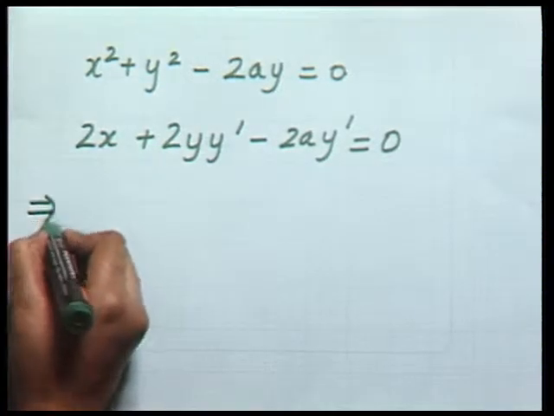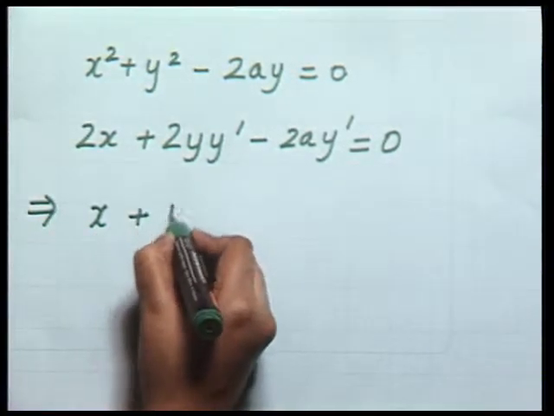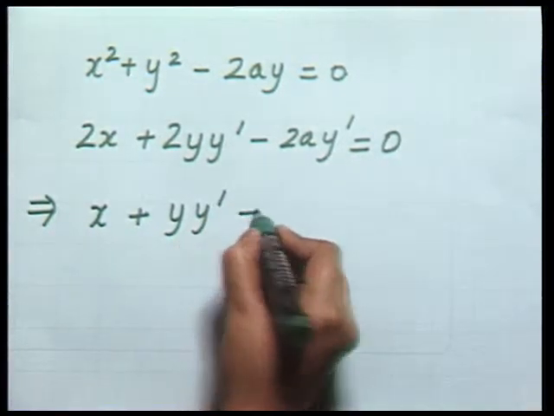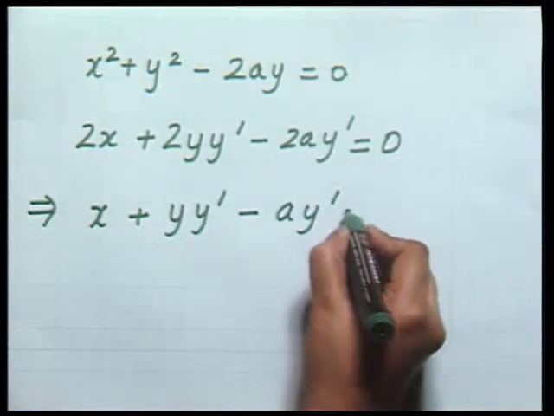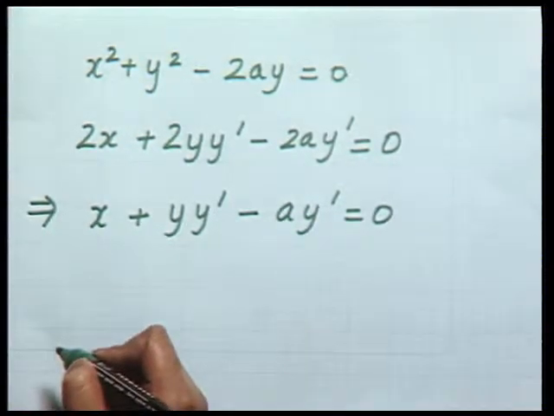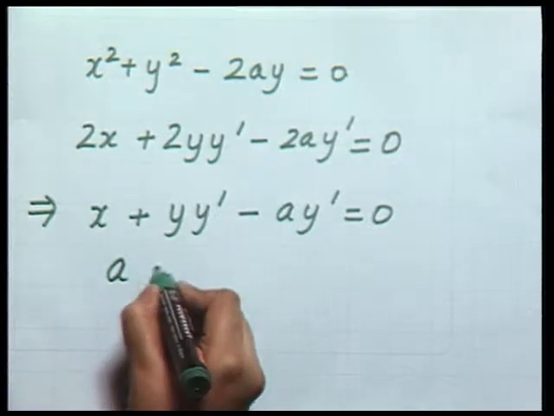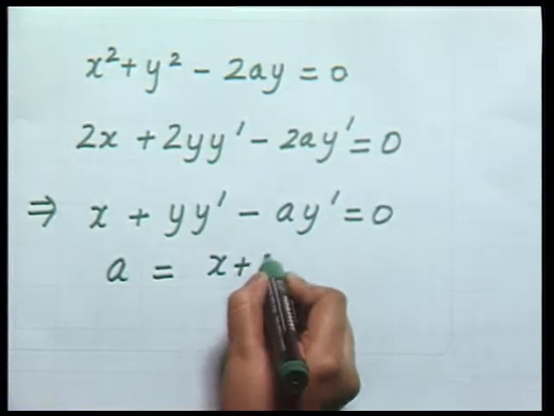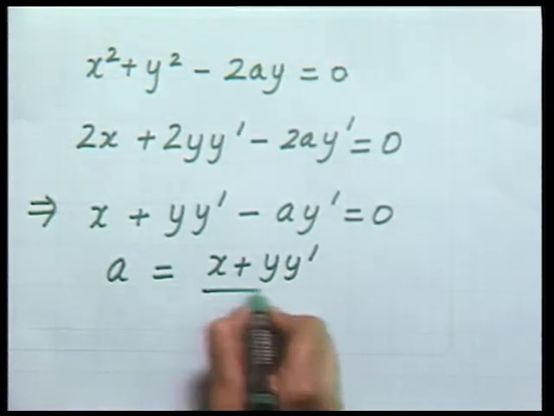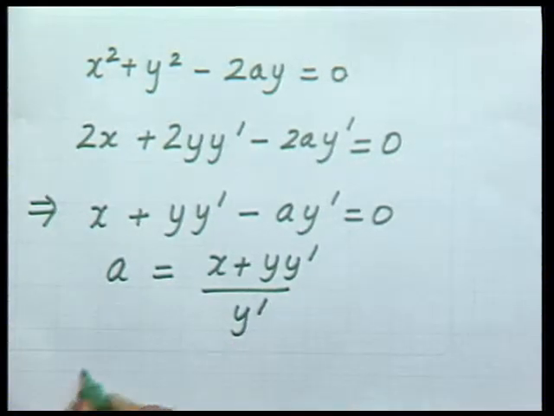This is same as writing x plus y y dash minus a y dash equal to 0. From here a comes out to be (x plus y y dash) by y dash. We have to aim at eliminating a.